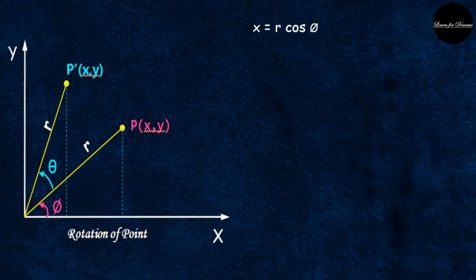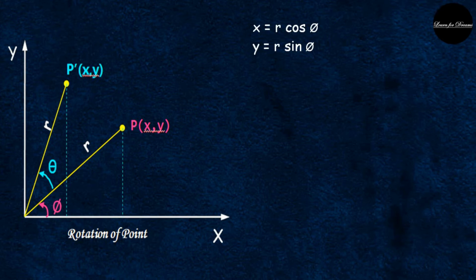Let's consider the triangle formed by the original point P(x, y). Its angle is phi. So we get cos phi is equal to the adjacent side, that is x, divided by the hypotenuse, that is r. So we get the equation for x: x is equal to r cos phi.